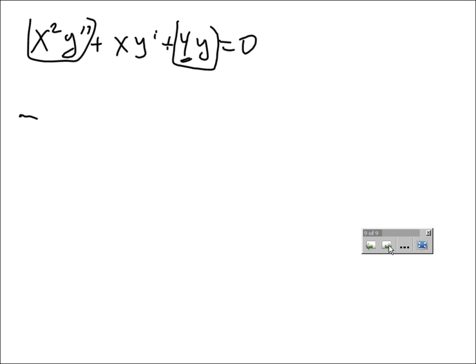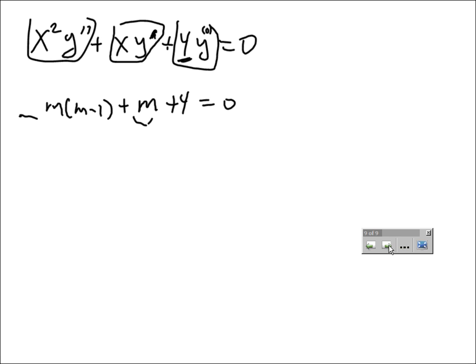Since it's x squared on y double prime, we write down two numbers, m minus 1, plus, there's no constant in front, I just write down one number, plus 4. I wrote down one number here because it was one derivative. It's y prime, not y triple prime. And here, the derivative is understood to be 0, so I don't write down any numbers.